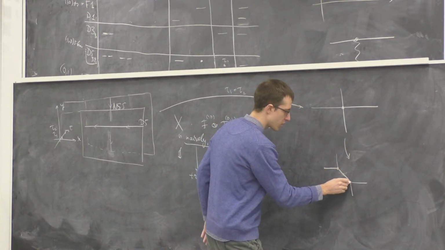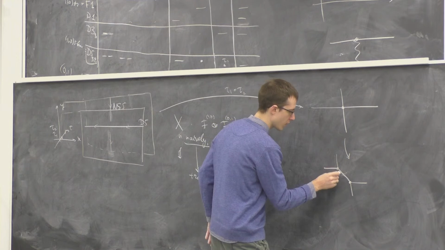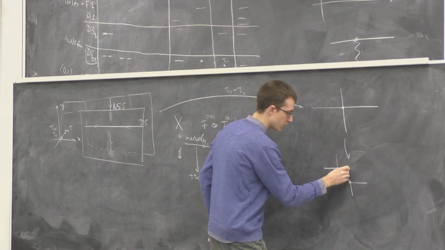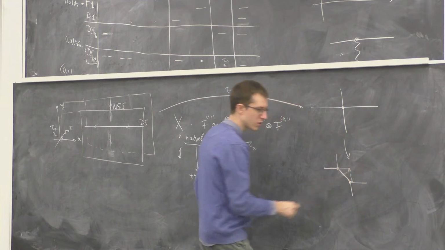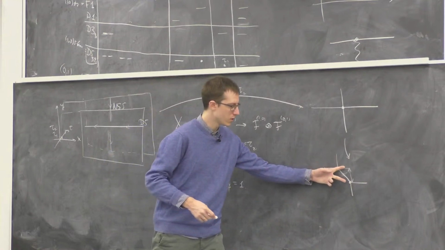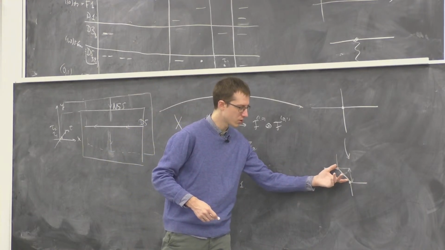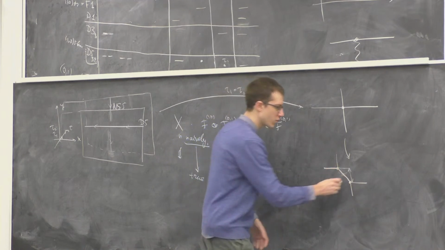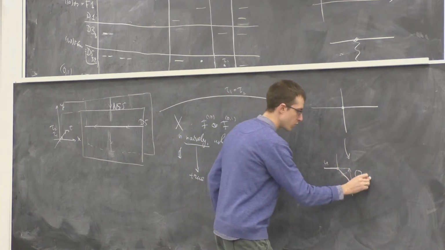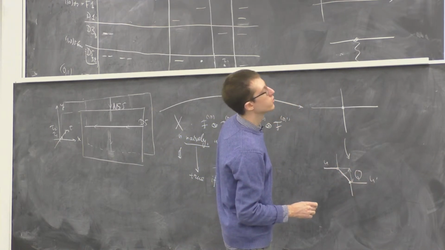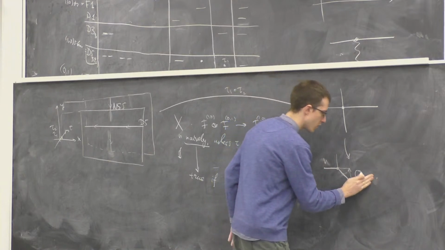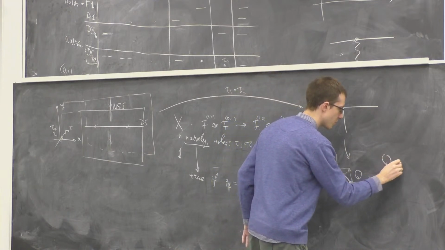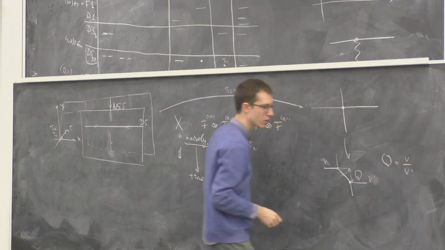And in this picture I have another parameter, this deformation parameter here. This is, more or less, the length of this segment, which I denote by Q. So that's the ratio of V and V prime. So Q is something like V over V prime or vice versa, I don't remember.